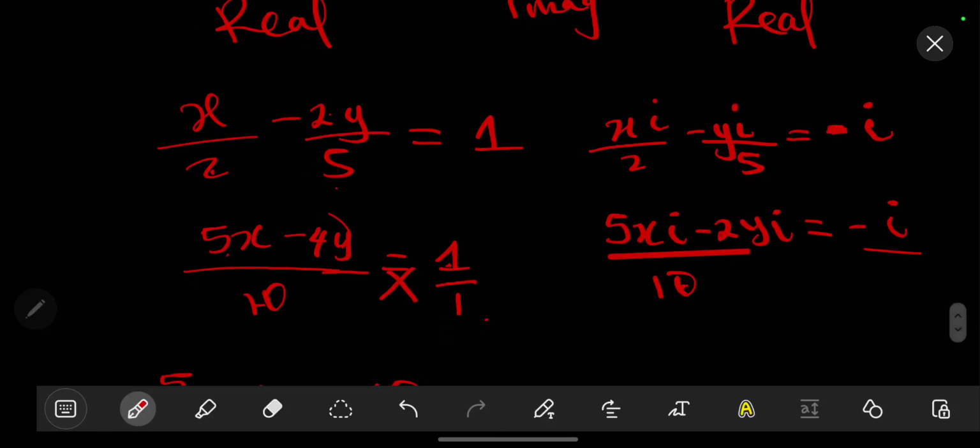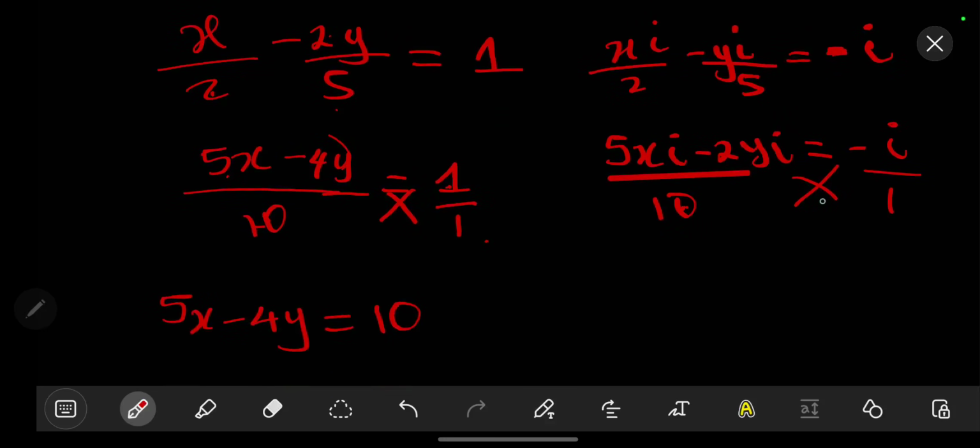We cross multiply, and 1 doesn't change anything, so it will return 5xi minus 2yi should be equal to 10i.